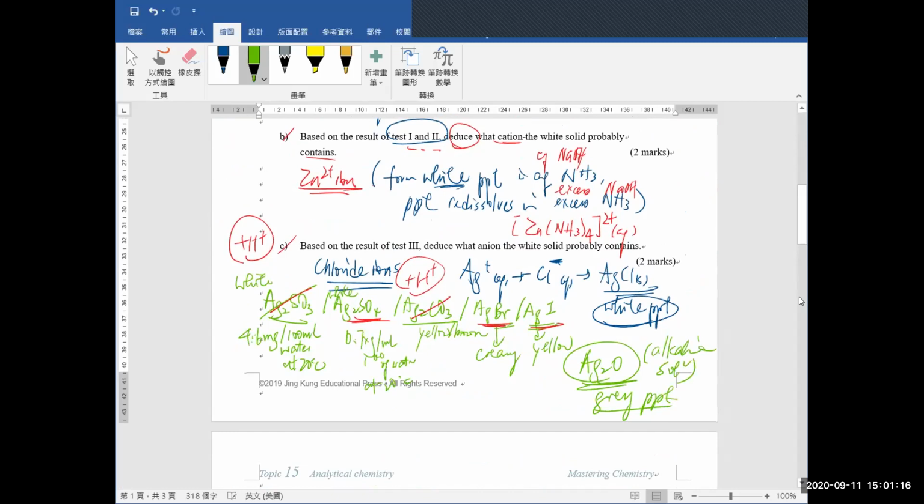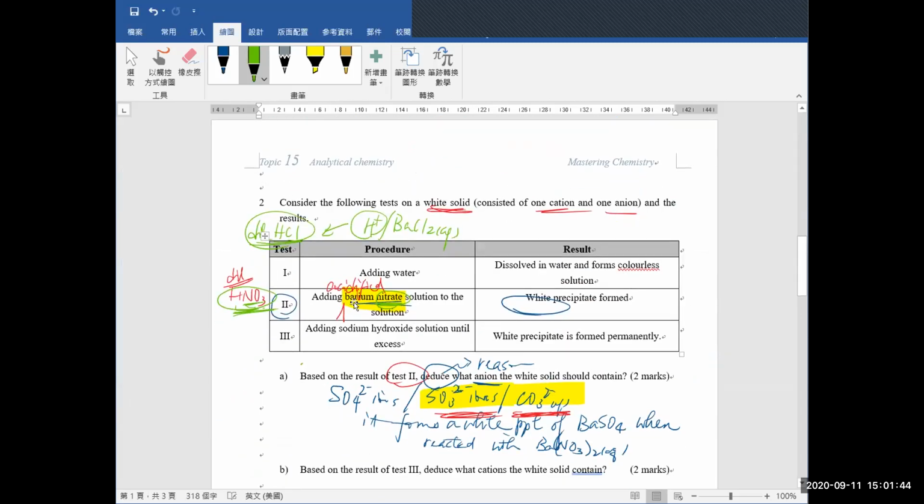Alkaline doesn't tell you anything about the anion, I just tell you the hydroxide ion concentration is higher than hydrogen ions. So can you get my point? That's why if you keep the solution mixture acidic, you can rule out so many other possibilities. So remember to acidify, especially when you are looking for what? You're looking for precipitate. Can you get my point?